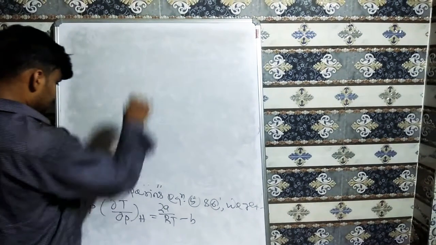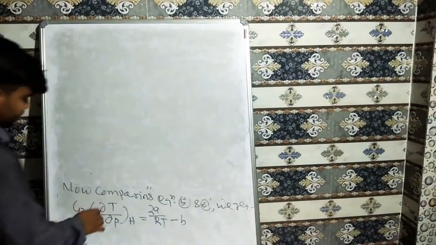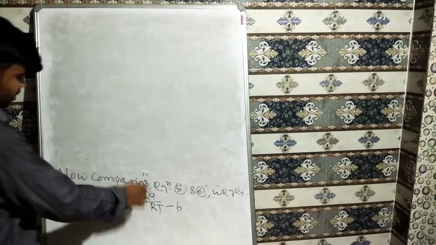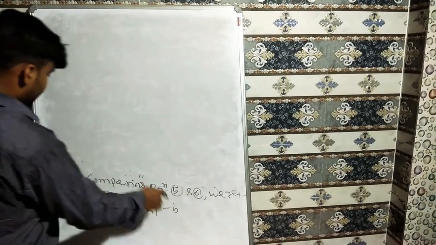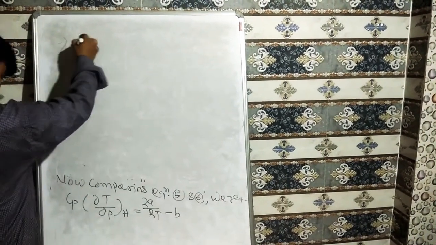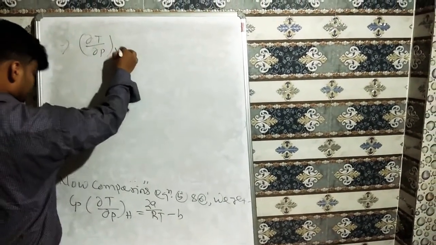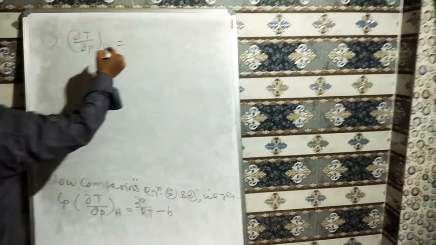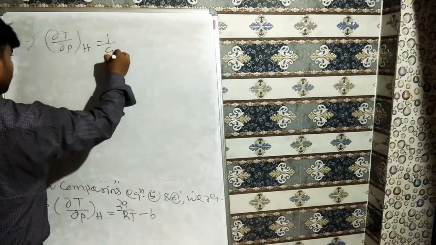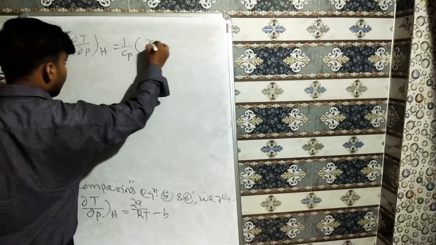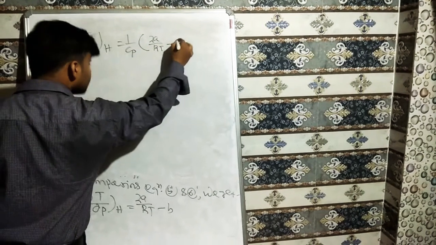So by comparing equations 5 and 6, we get Cp into (∂T/∂P) at constant H is equal to 2a/RT − b, and then (∂T/∂P) at constant H is equal to 1 by Cp whole into (2a/RT − b).